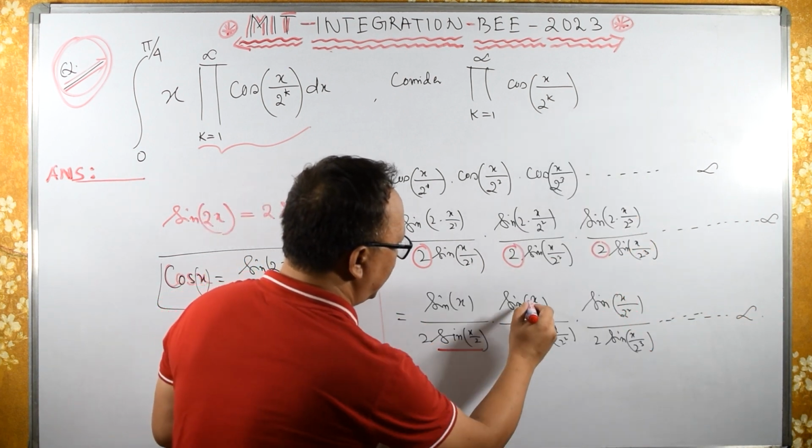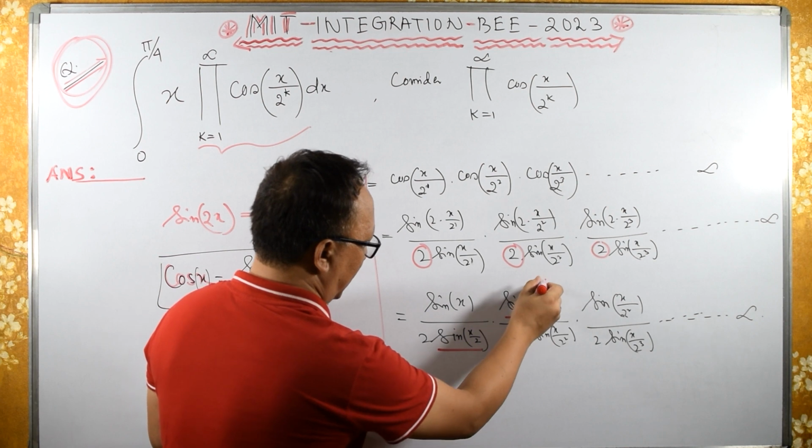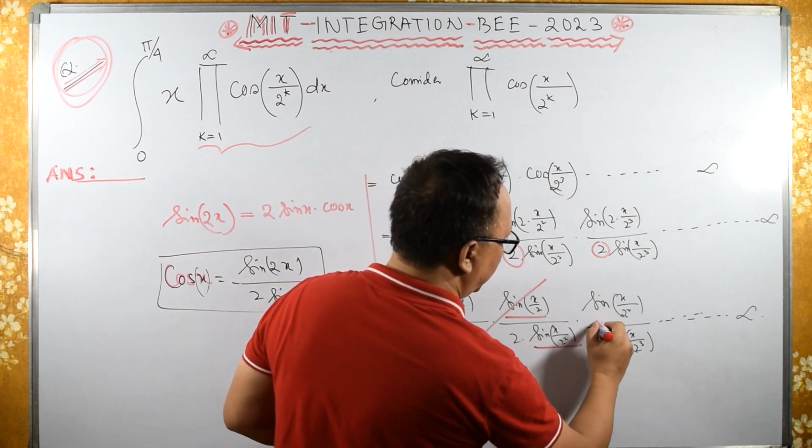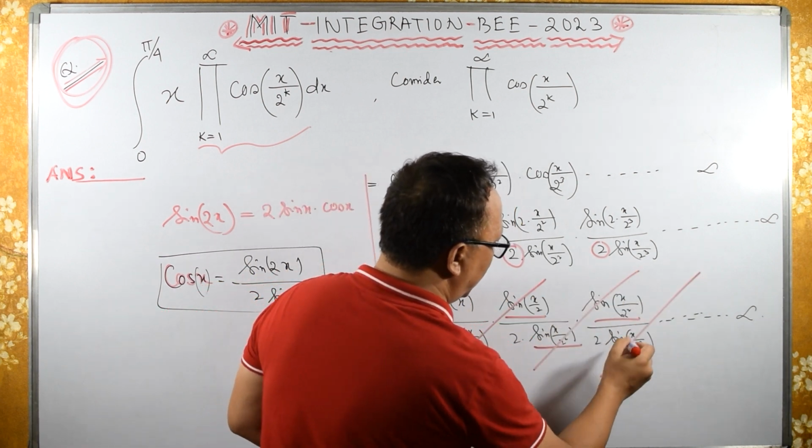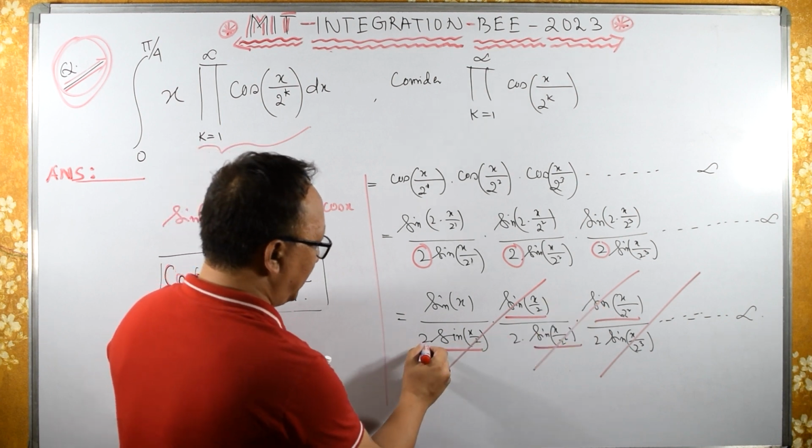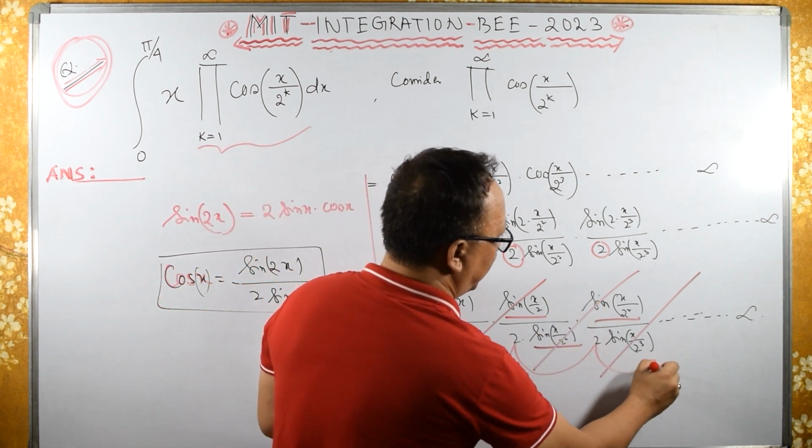This term and this term get cancelled, and this term and this term get cancelled. Similarly, all the terms will get cancelled, but these 2 will be remaining.